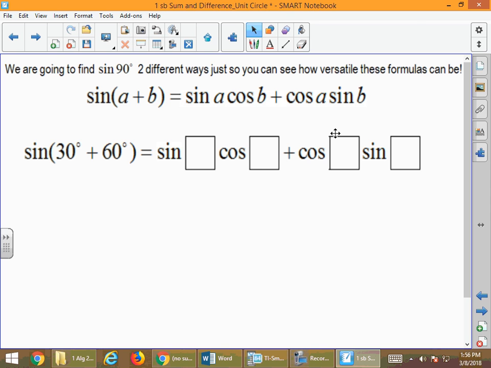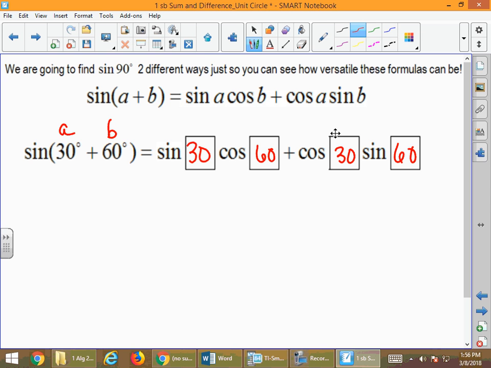So when we use this identity, here's our A and here's our B. If we follow the formula here, it's going to be sine of 30 times cosine of 60. And then over here, the functions reverse, and the degrees stay the same: cosine of 30 and sine of 60.